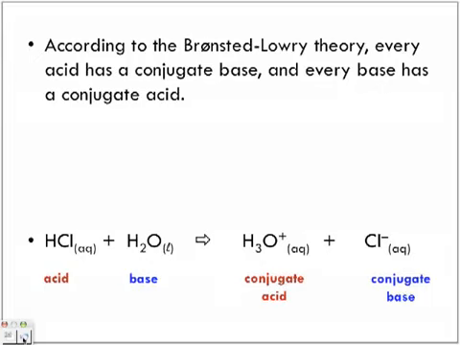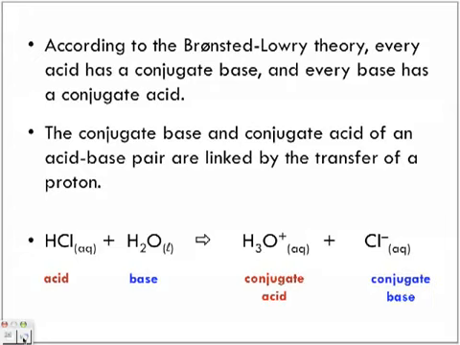So we have this equation, no different than what we just looked at. This acid is going to give up the hydrogen. The one that picks up the hydrogen now becomes the conjugate acid, while the one that gave it up has become the conjugate base. So it's really important that you understand these concepts.